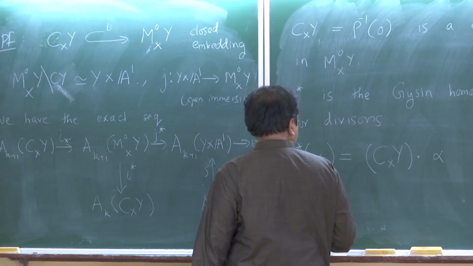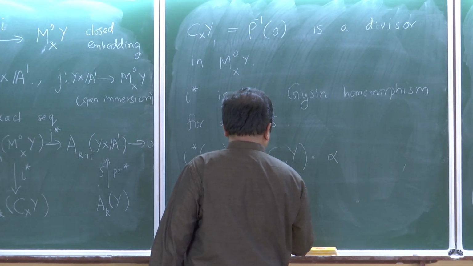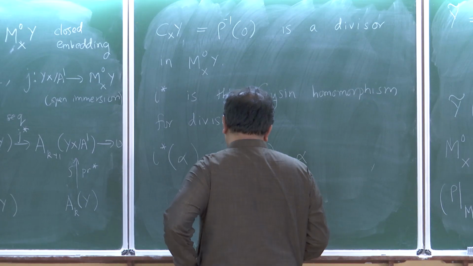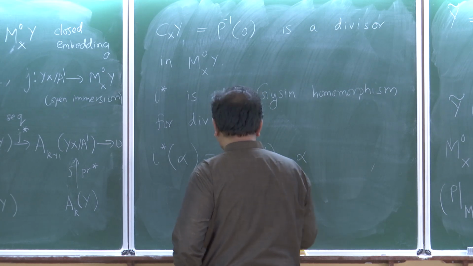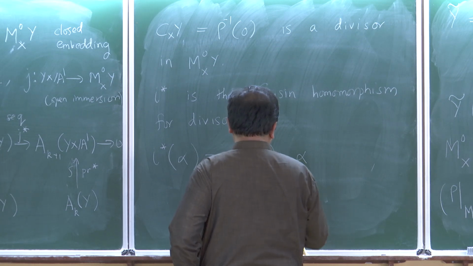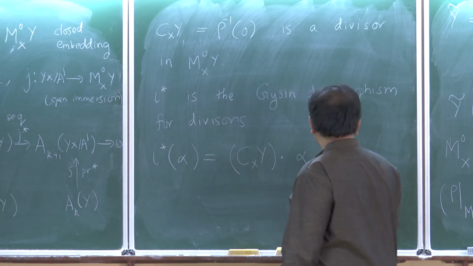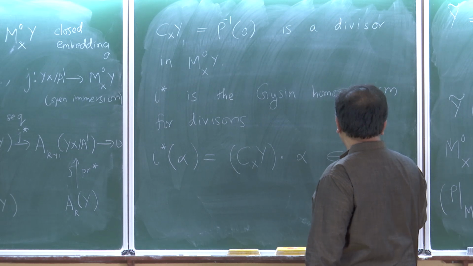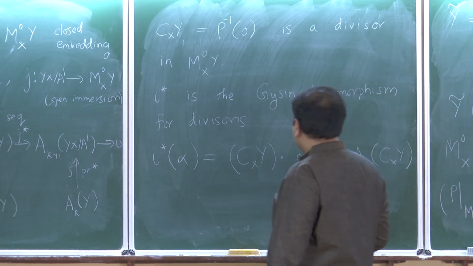This is supposed to be equal to taking the Chern class of the normal bundle of C_XY. Where is this sitting? This is sitting inside A_k of C_XY.